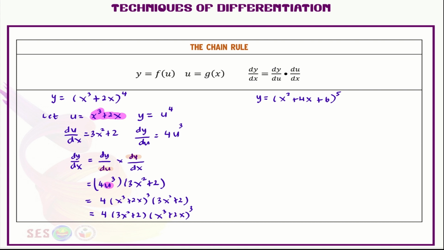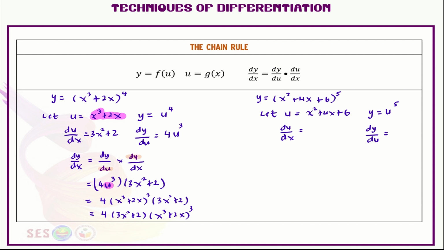First and foremost, let us let everything inside the bracket become u. So let u be x squared plus 4x plus 6. And since we have let this bit here become u, our y now should be u to the power of 5. The next step is we should find du/dx, as well as dy/du.